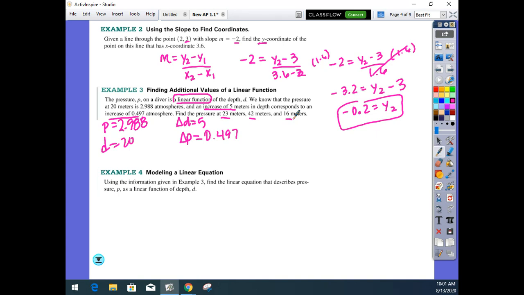All right, so first of all, this here allows us to find our slope. We can do our change in pressure over our change in depth. It's not a decimal. Careful.